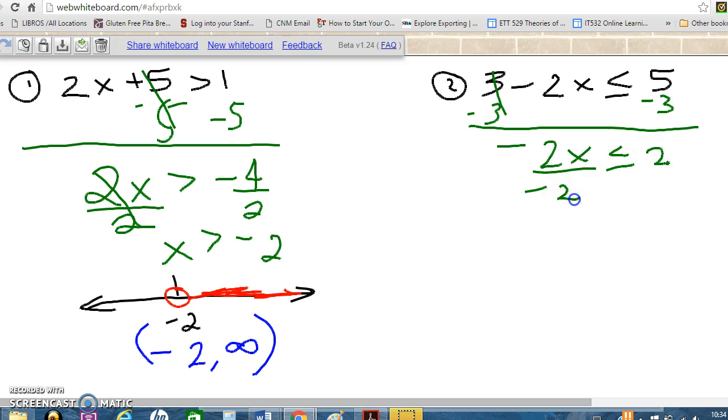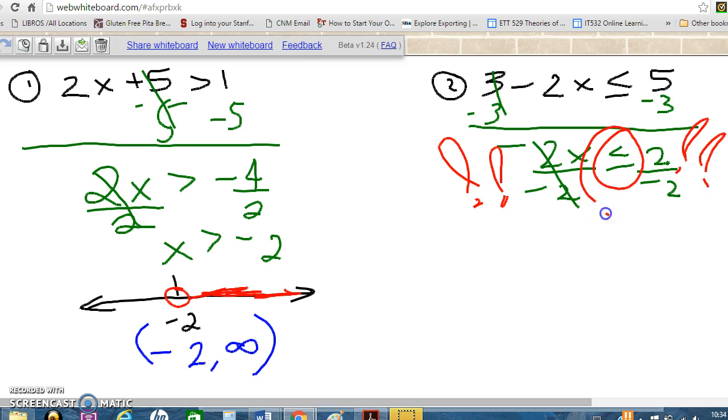When you divide by negative 2, that's an emergency. We need to switch that guy. And so you end up with x is greater than or equal to negative 1. So when you graph it, there is your negative 1.